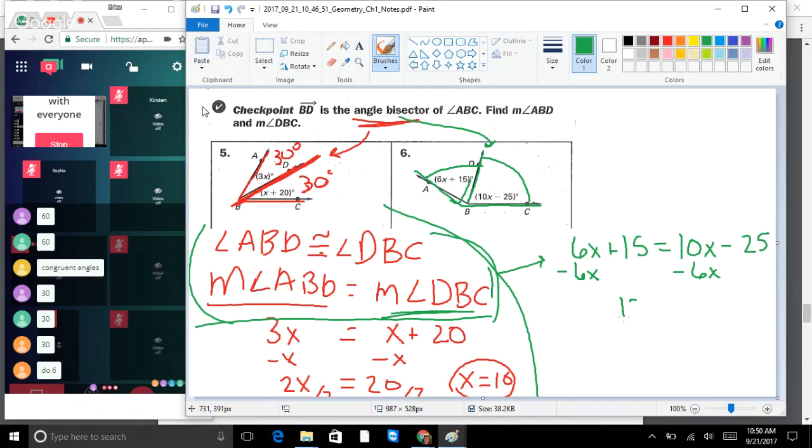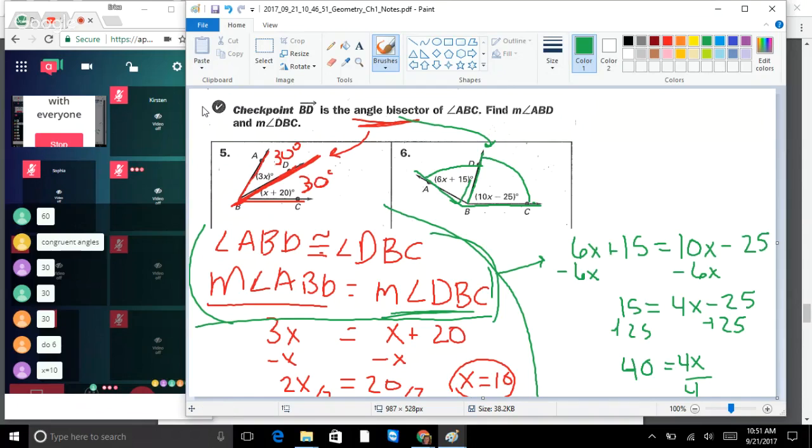So we're left with 15 equals 4x minus 25. We're going to add 25 to both sides, and 15 plus 25 is 40 equals 4x. When we divide both sides by 4, we get x equals 10.